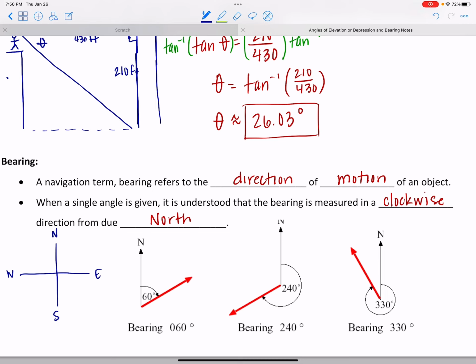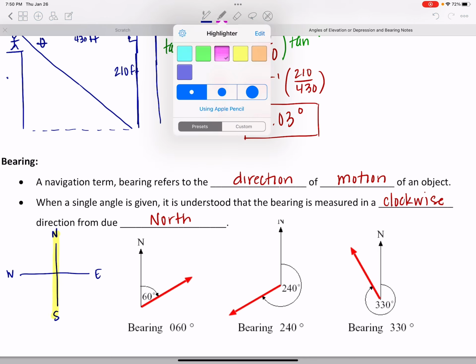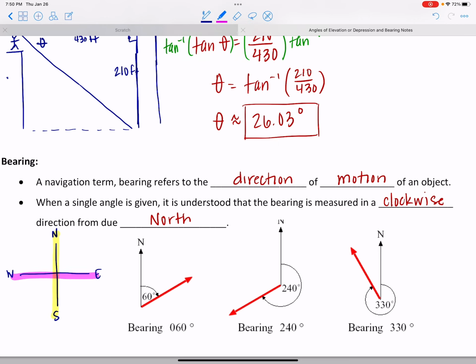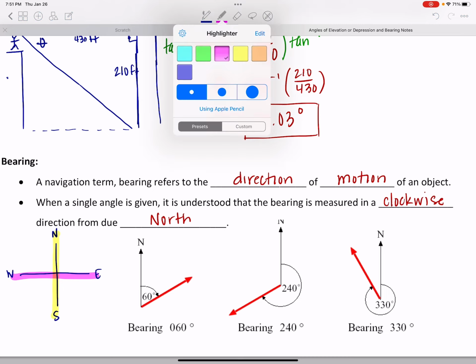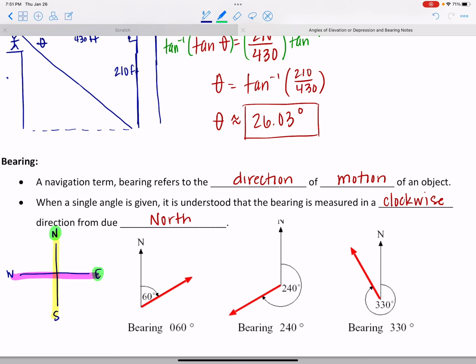So we would call this vertical here a north-south line, and then this horizontal we would call an east-west line. But you've got to remember the directions there, that north is on the top, south is on the bottom, west is on the left, and east is on the right. Maybe you've heard this, never eat soggy waffles. That's how that's taught in grade school. I remember it still from grade school to help me remember. But whatever works for you, hopefully you know which is which there.